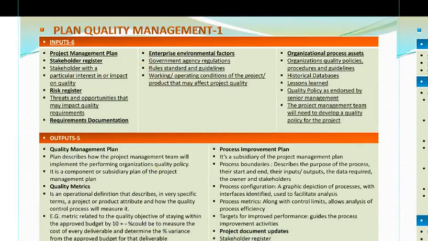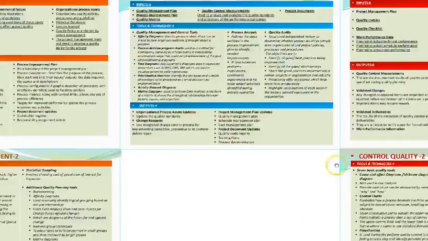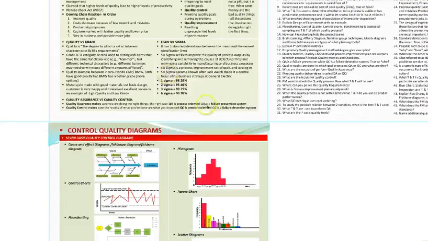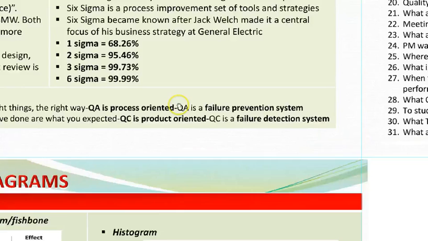QA, which is quality assurance, is a failure prevention system, while QC is what? So the answer here is QC is the failure detection system, and we saw that over here.